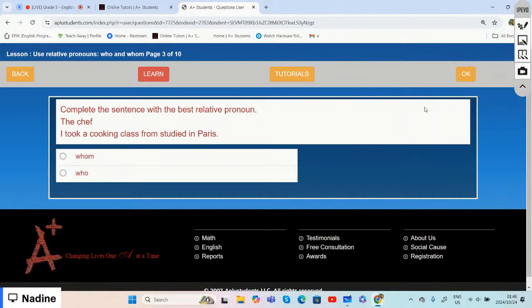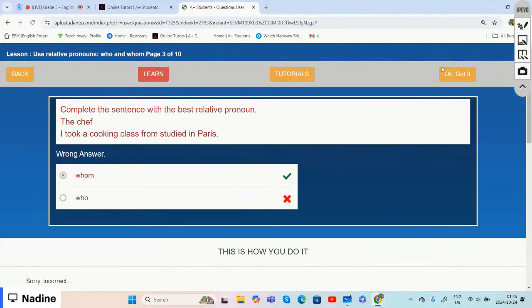So we can say the chef whom or who I took classes from, studied in Paris. Guys, it's actually whom.